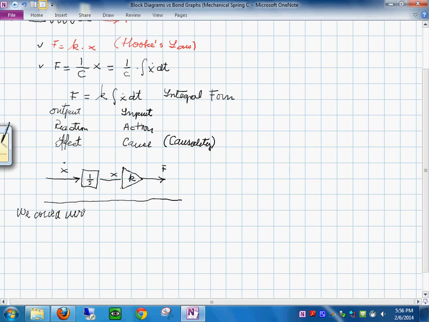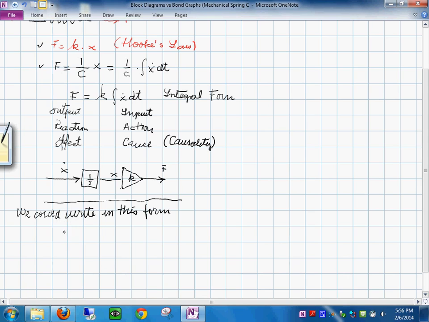We could write it in this form. In this case, what about if x is the output? Let's say that you take the derivative of both sides.